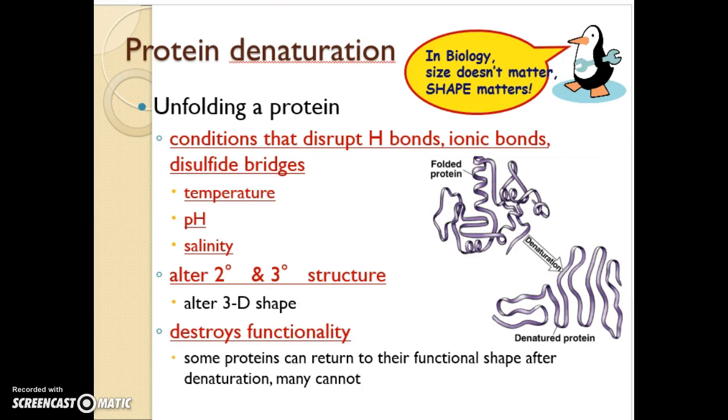So most proteins are going to become denatured if they're transferred from the aqueous, the water environment of a cell, to a nonpolar solvent. So for example, one of our lab groups used oil, which would act as a nonpolar solvent.